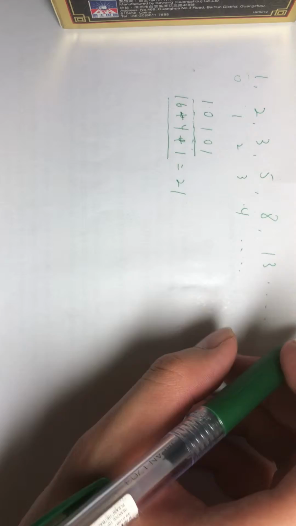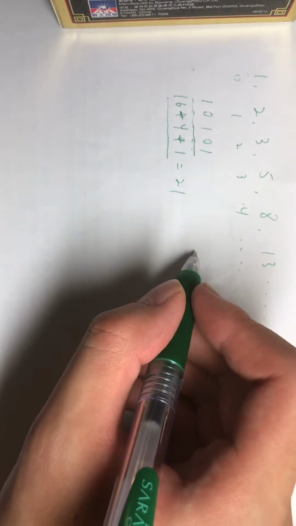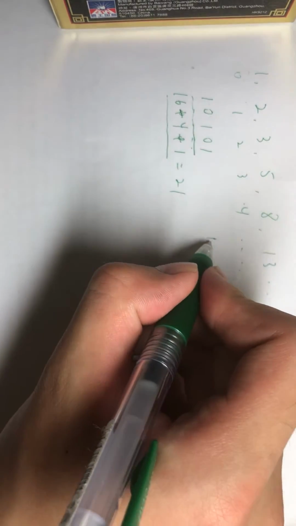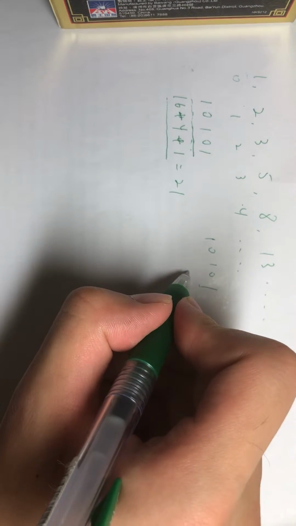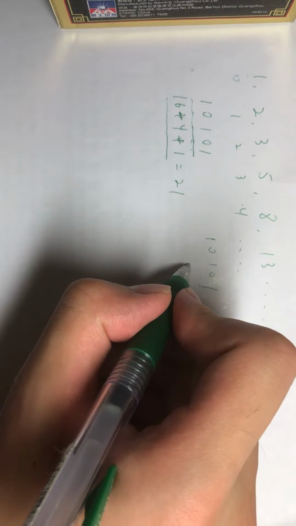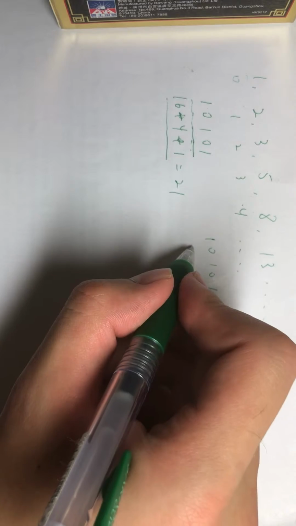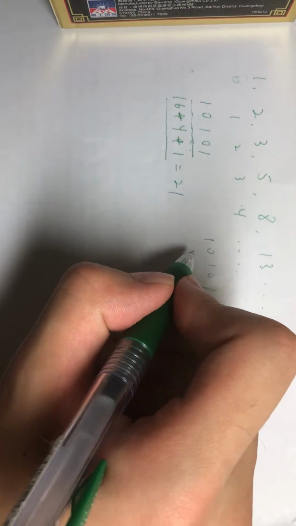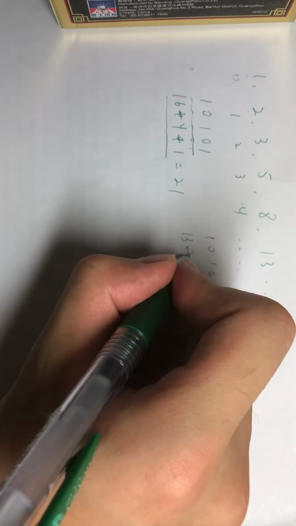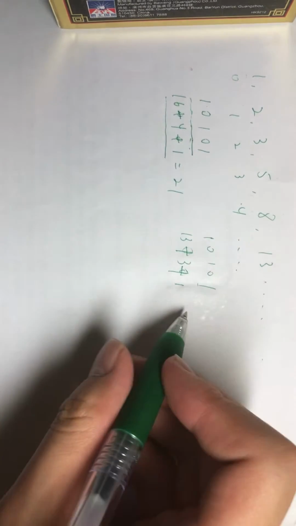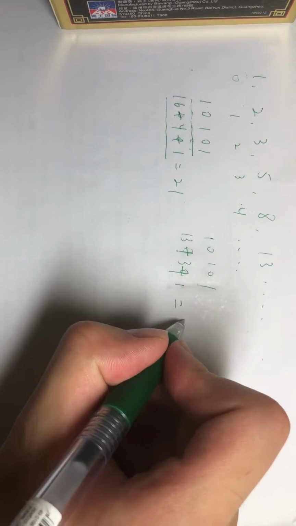Now take the Fibonacci number 10101. The first position stands for 1, the second 0, the third 3, the fourth 0, the fifth 13. The total is 13 plus 3 plus 1, which equals 17.